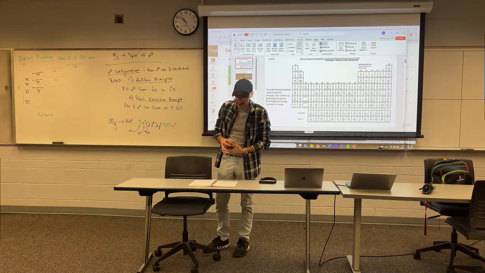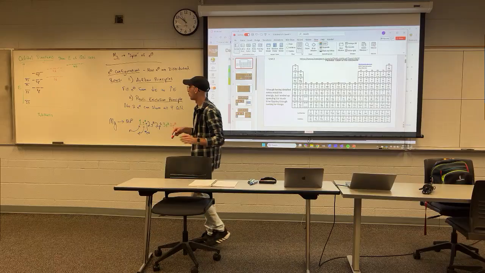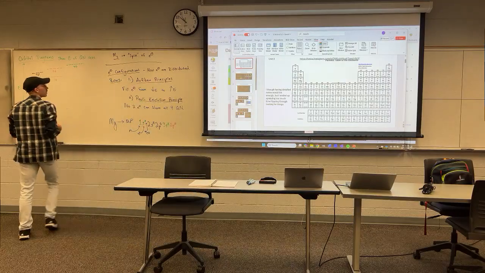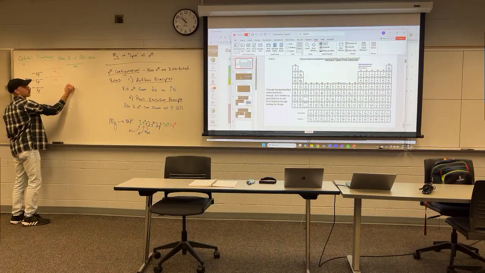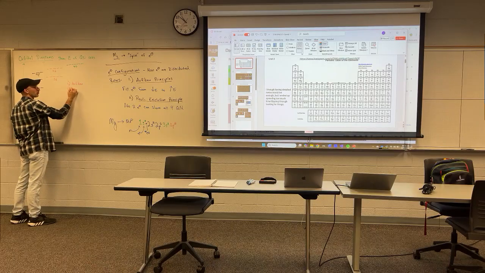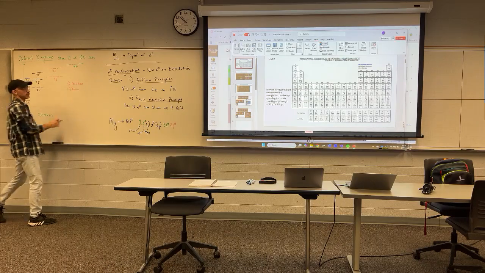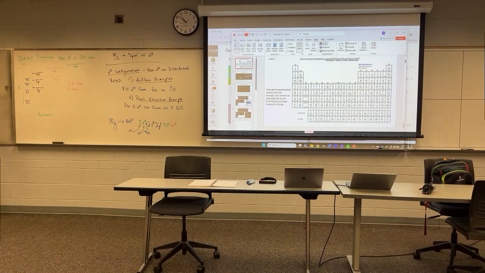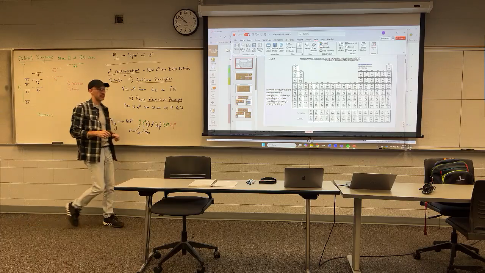So we still follow Aufbau's principle, which was fill lowest to highest. We still follow the Pauli exclusion principle, which is that no two electrons occupy the same quantum set.